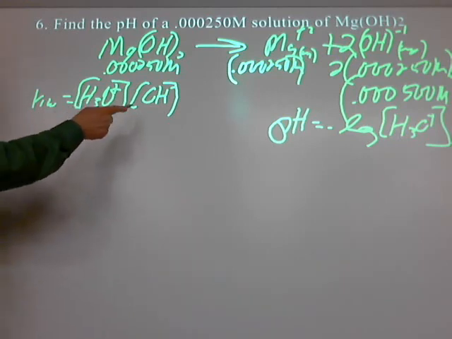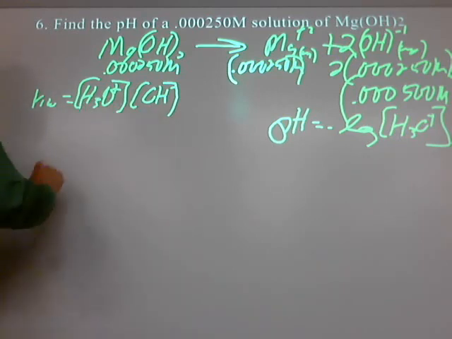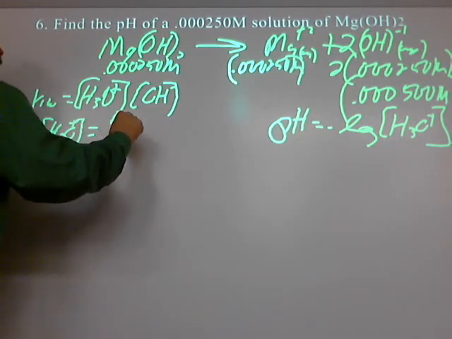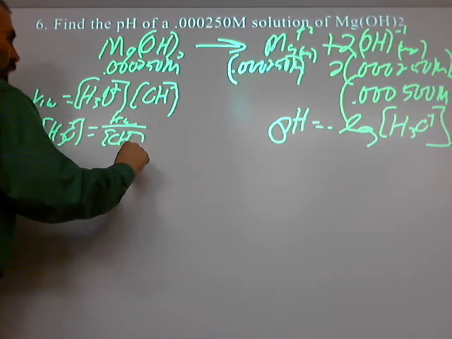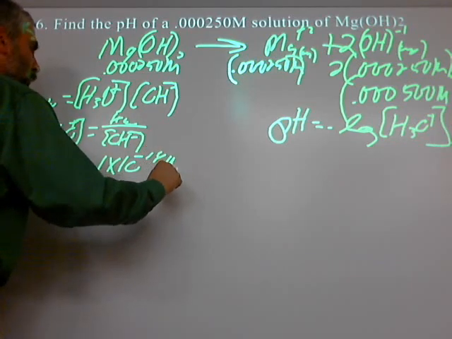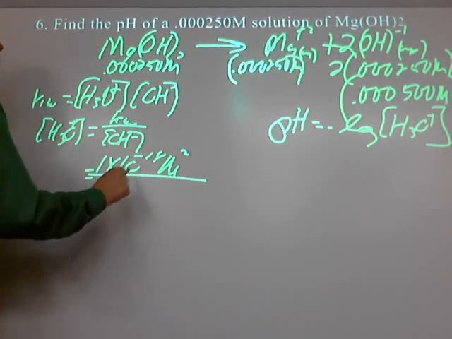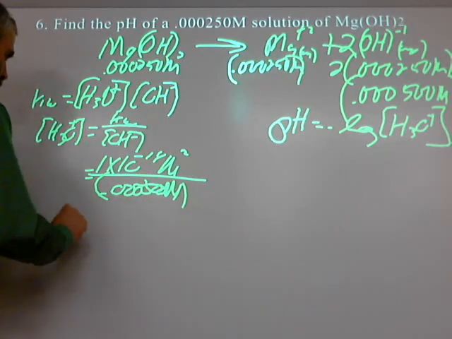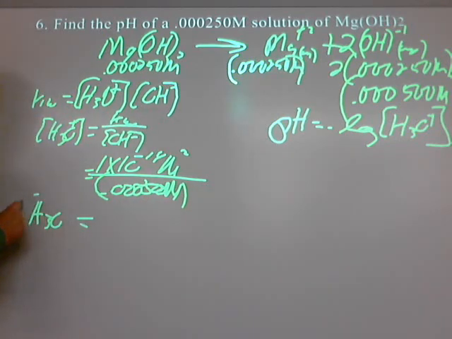Now, we have to rearrange this equation and solve for hydronium, so I'll divide both sides by hydroxide, and hydronium will be KW over hydroxide, which is 1 times 10 to the negative 14th molar squared over 0.000500 molar. What's my hydronium ion concentration?